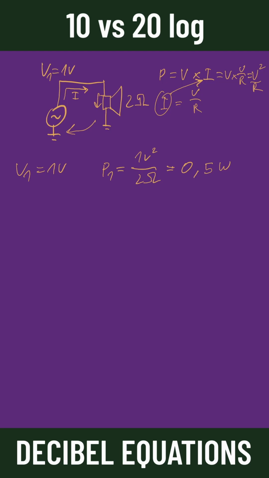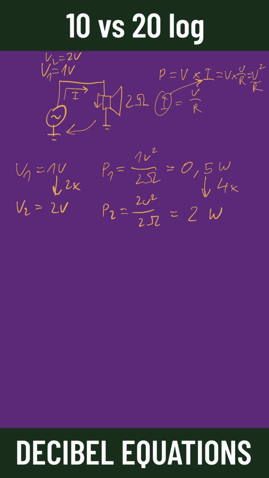If at the amplifier's output the voltage would increase to 2 volts, so it would double, for this V2 we would have power P2, 2 volts squared over R of 2 ohms, resulting in 2 watts of power. So we can see that for doubling of voltage, we quadrupled the power.